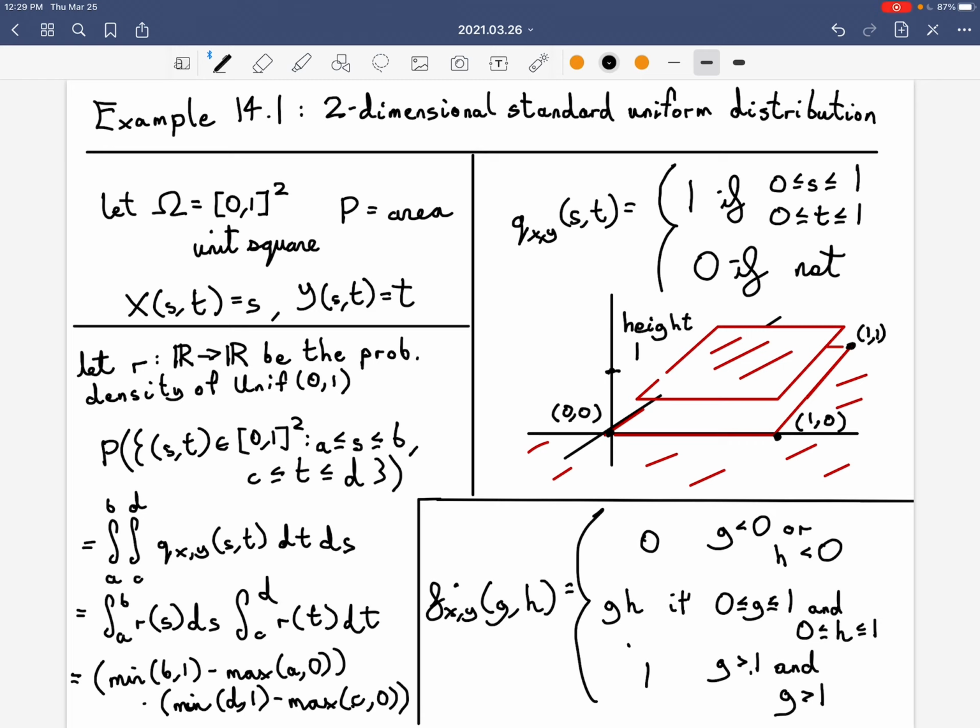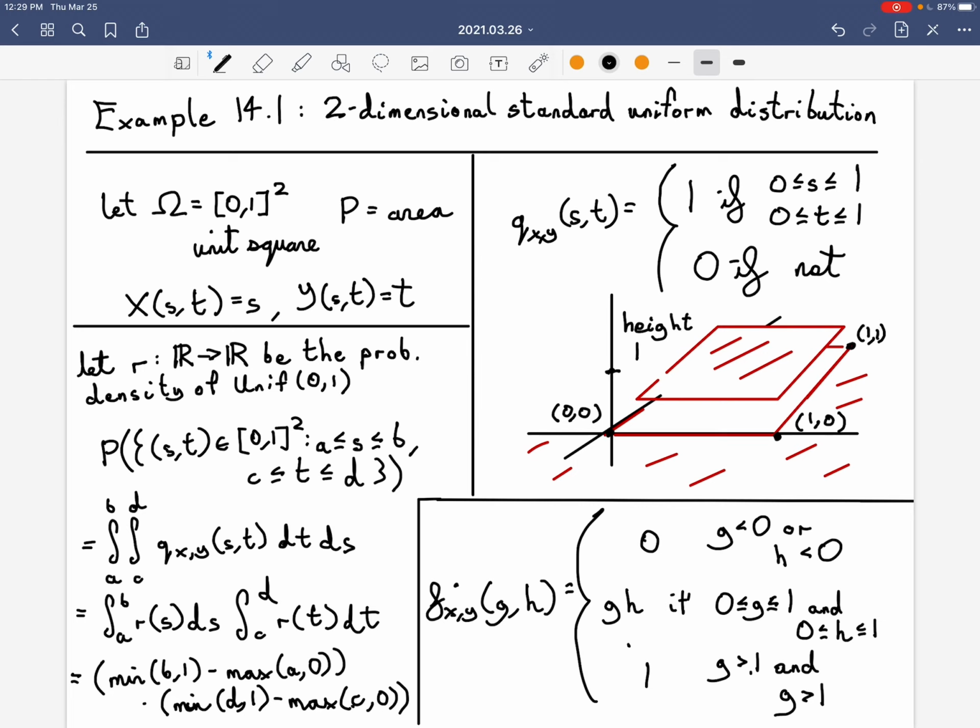Okay, so let's have a look at an example of a pair of continuous random variables. So we can think that we have a sample space with the unit square. So a square of side length 1.